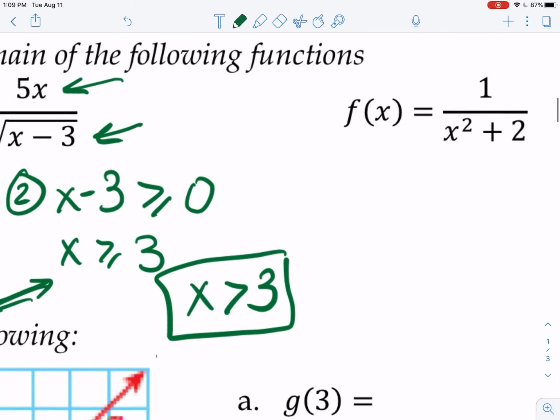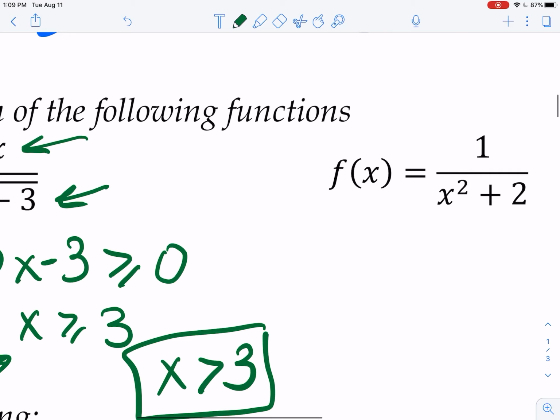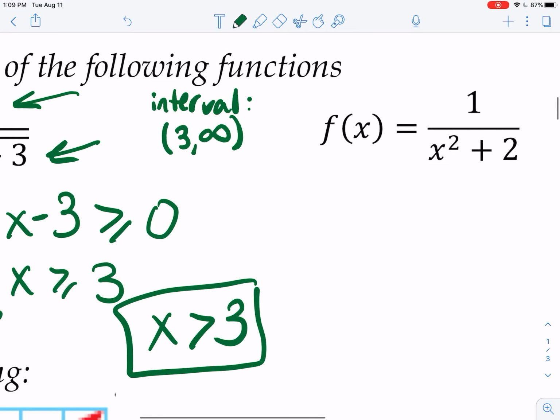I could also say it in interval notation, which would be from 3 to infinity. Or I could say it in set notation. That's where you use the set brackets and say: the set of x such that x is greater than 3. I use a colon for "such that," but you can also use a little straight line.